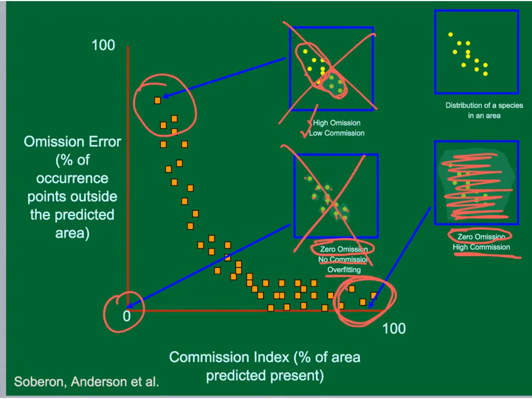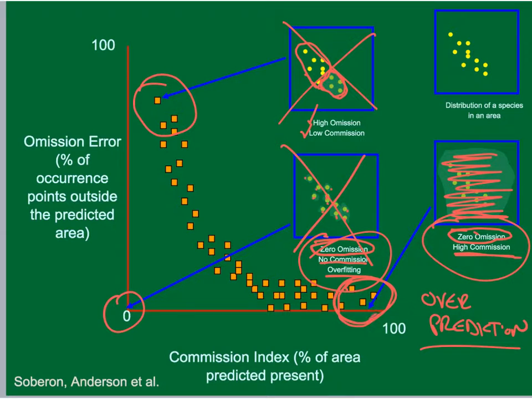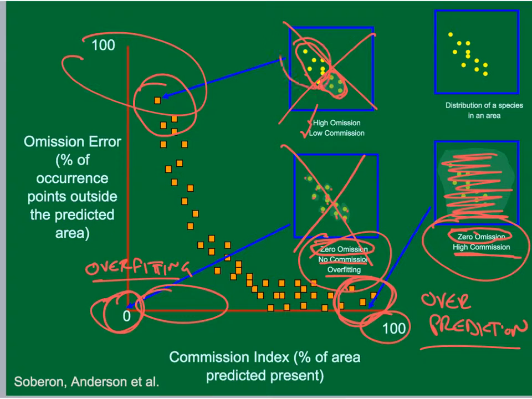So we need to identify some kind of a balance between overfitting and overpredicting. So we have overprediction here on the high end of commission, and we have overfitting here, where we have low omission and low commission. And where we have very high omission and we can't even predict our testing data, then we're underpredicting.